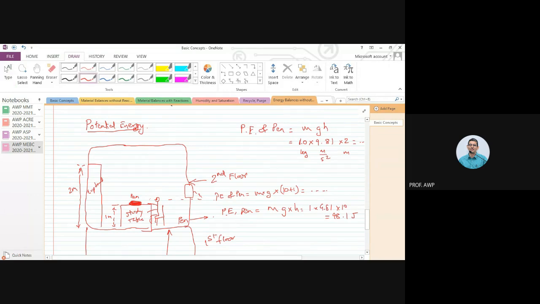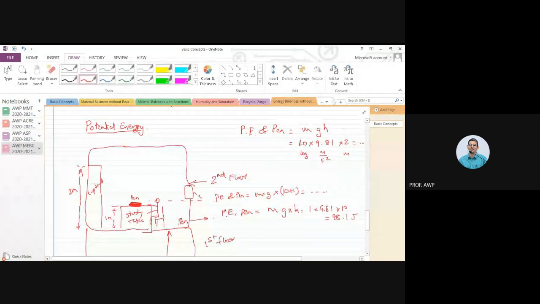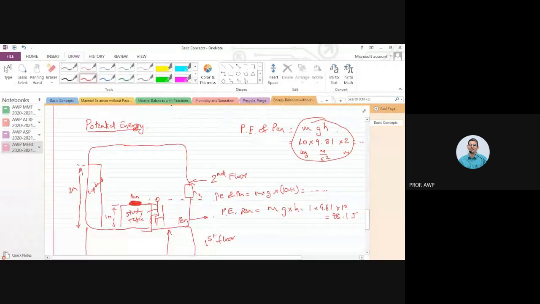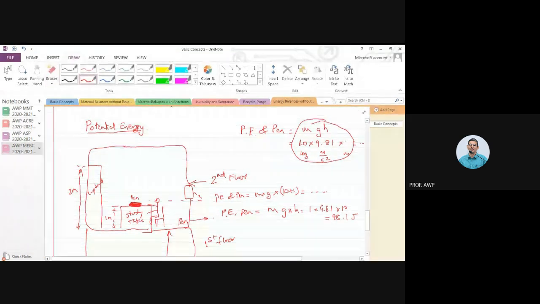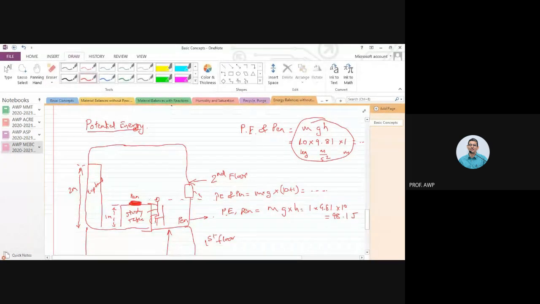But you see, that's not what Arya answered right at the start. What Arya answered right at the start was 1 into 9.81 into 1.